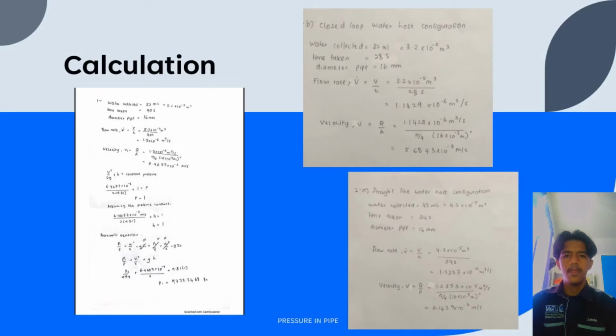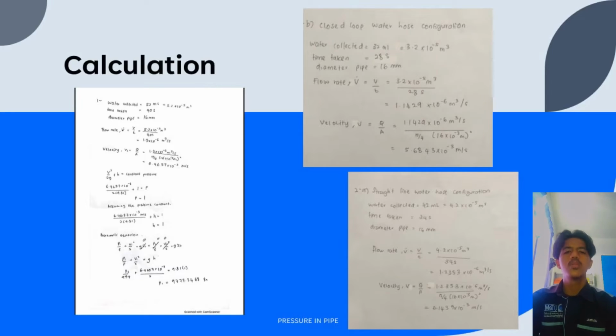From the experiment, we cancel z1, pressure 2 over density, and also velocity 2 squared over 2.